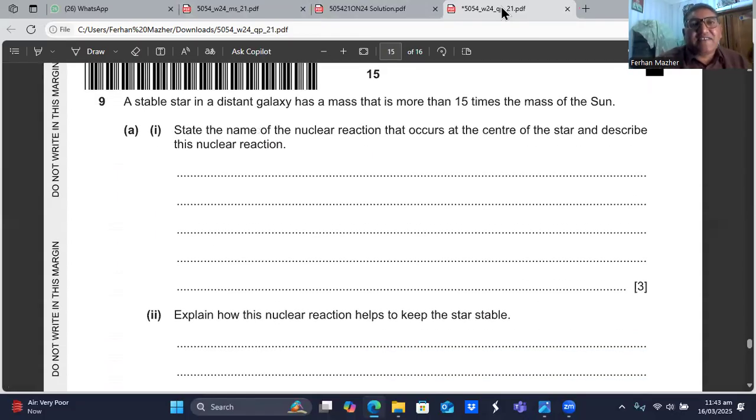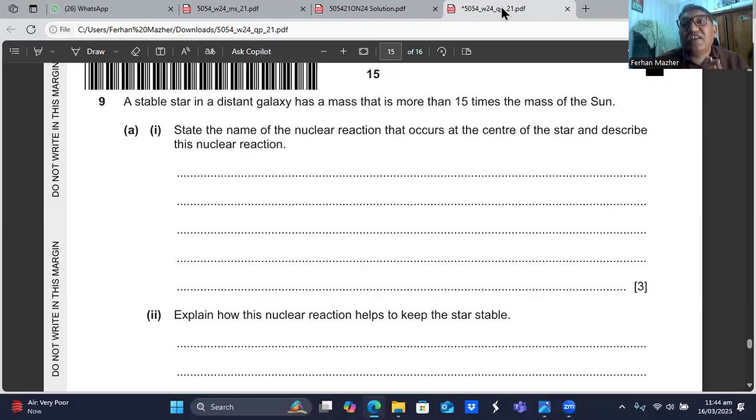Question number 9. A stable star in a distant galaxy has a mass that is more than 15 times the mass of the sun. State the name of the nuclear reaction that occurs at the center of the star and describe this nuclear reaction. At the center of the star, fusion is taking place. The smaller nuclei, like hydrogen and hydrogen, come close to each other due to gravity and very high kinetic energy.